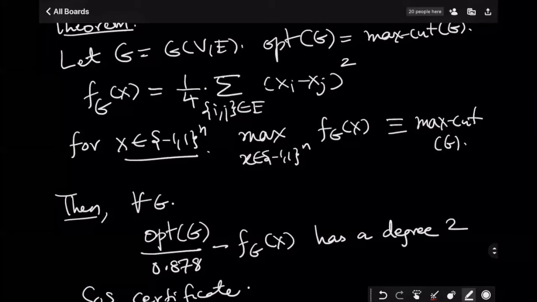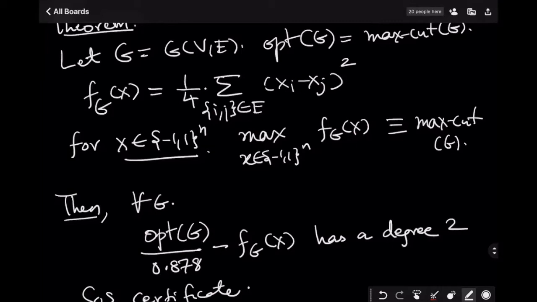Well, clearly, F_G(X) can take the value opt(G) because there is a cut that cuts opt(G) number of edges. And so the best possible thing you would want to do here is prove that opt(G) minus F_G(X) is always non-negative. That's like saying that F_G(X) is always at most opt(G), right?